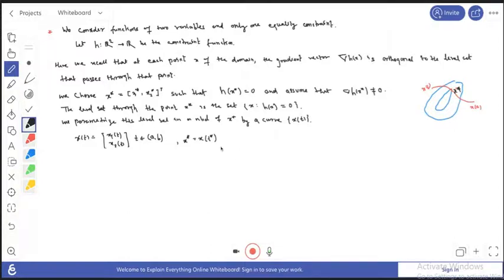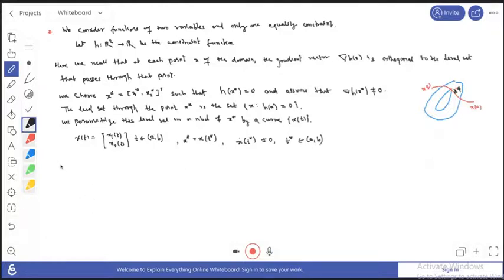Okay, and here if we take the derivative at that point on this curve, it is non-zero, because the derivative gives the tangent here. This is a simple curve, so this is non-zero, where t star belongs to the interval a and b.